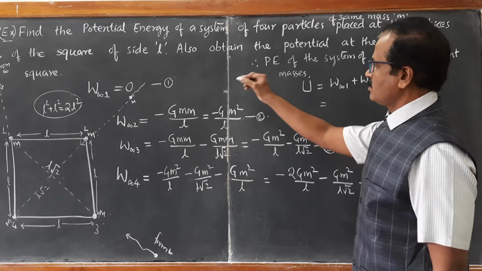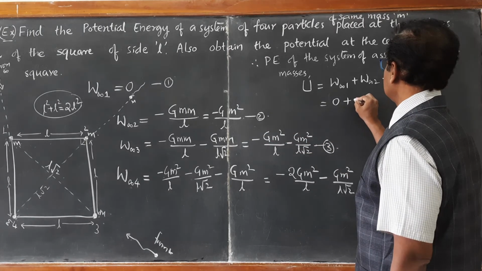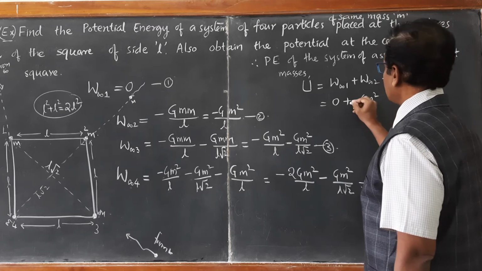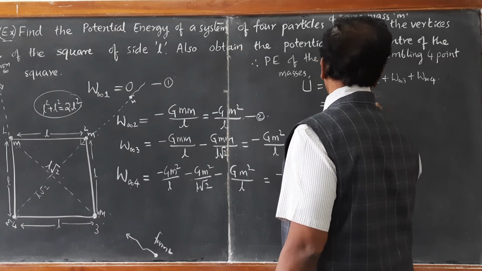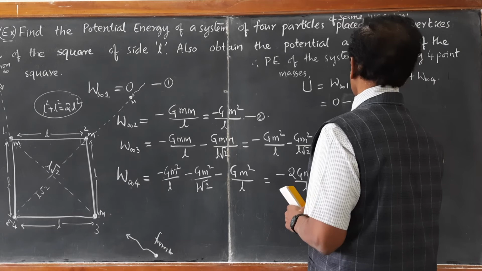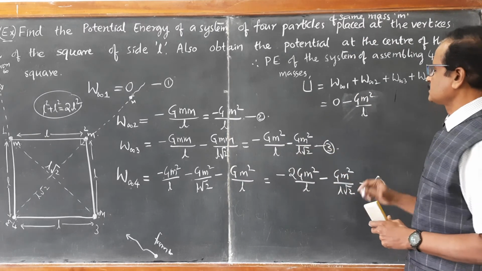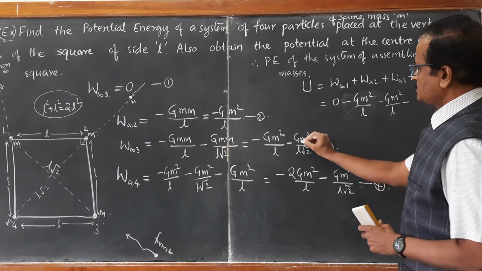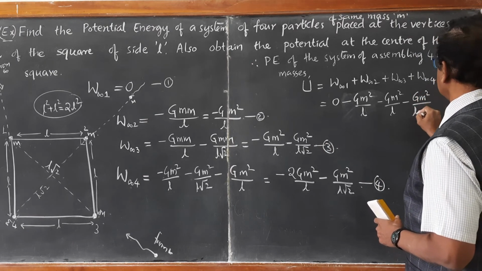From equation number 1 it is 0. From equation number 2 it is minus gm square upon l. So directly you can write minus gm square upon l. Then the third one: minus gm square upon l, minus gm square upon l root 2.